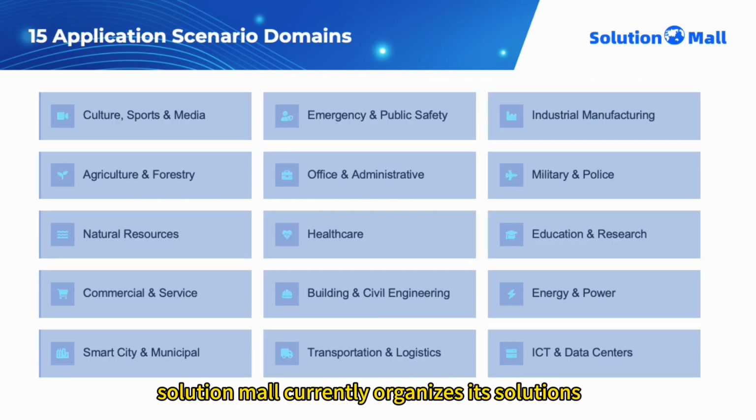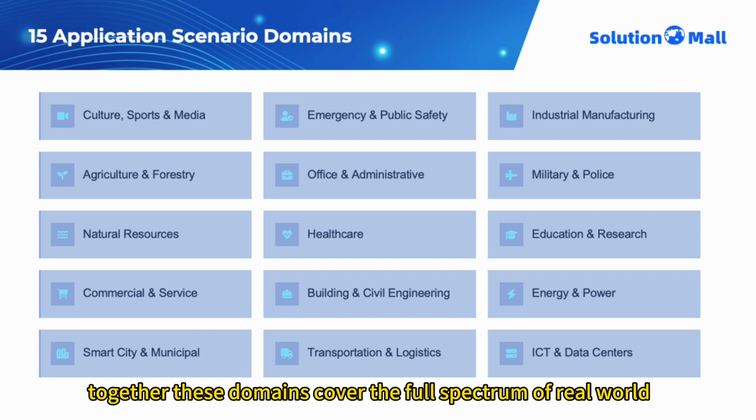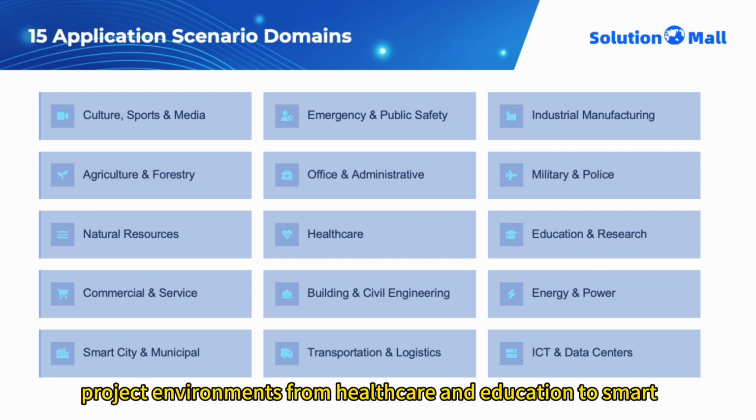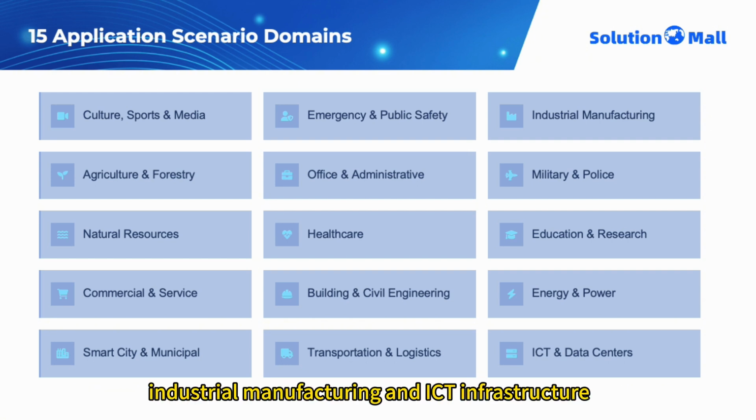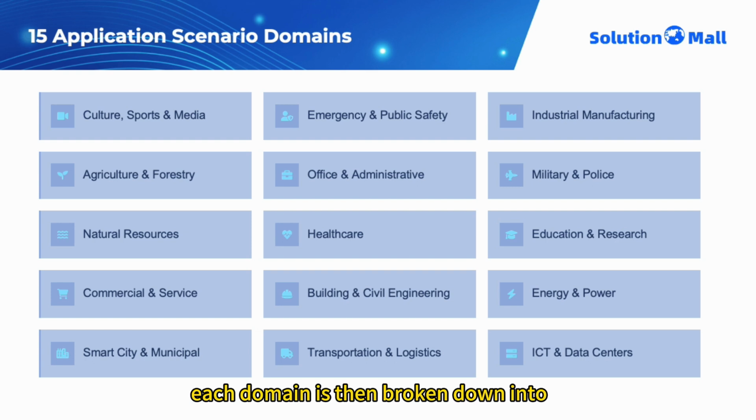SolutionMall currently organizes its solutions into 15 major application scenario domains. Together, these domains cover the full spectrum of real-world project environments, from healthcare and education to smart cities, industrial manufacturing, and ICT infrastructure. Each domain is then broken down into more specific application scenarios.